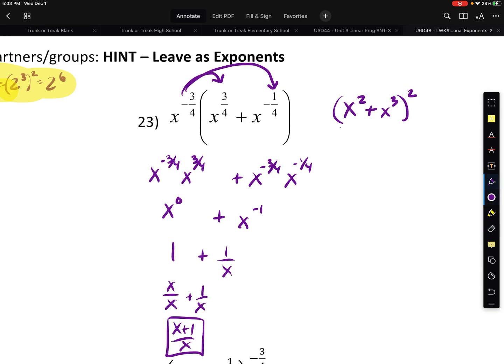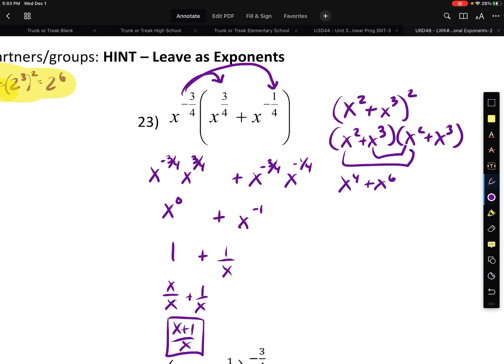So that's actually telling us x squared plus x to the 3rd times x squared plus x to the 3rd, which would give us x to the 4th plus x to the 5th plus another x to the 5th plus x to the 6th, which would give us x to the 4th plus 2x to the 5th plus x to the 6th.